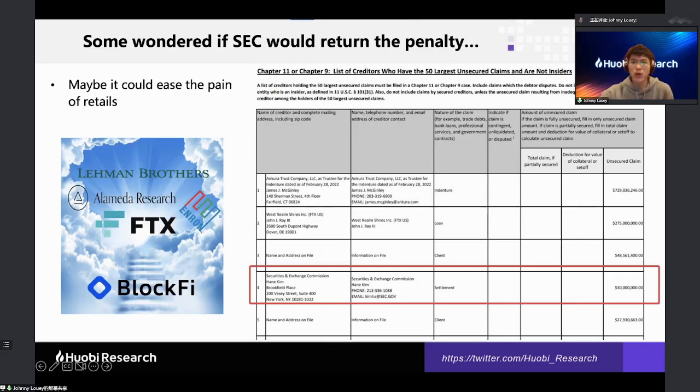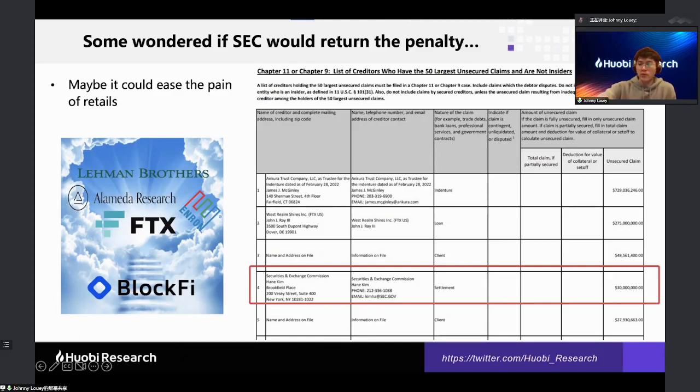And then some people realized this settlement could be redone. They thought, just undo the settlement, undo the penalty, and help a little bit to save the retail investors, right? Because in the end, the money came from the retail. Same as Genesis, same as Gemini Earn.